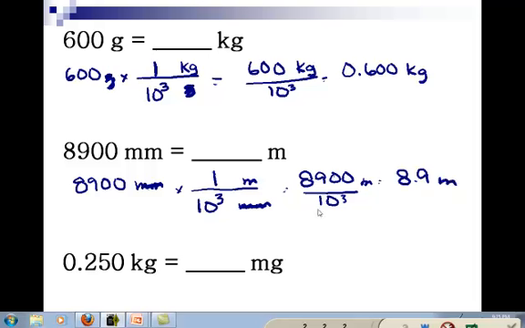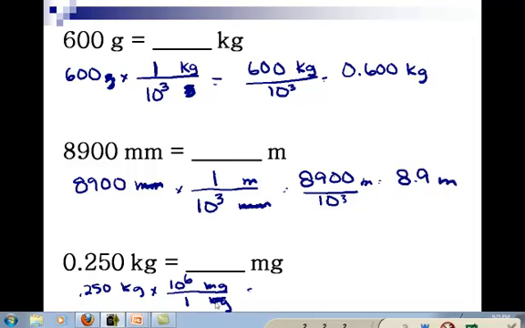Do you have to go through this every time? No, once you get this part, if you get right to 8.9, I can see what you're doing. And then finally, 0.250 kilograms. I want to get to milligrams, so I put kilograms down here. Kilograms is larger than milli. Now between kilo and milli is 6 spaces. 3 to gram, and then 3 more to milli.